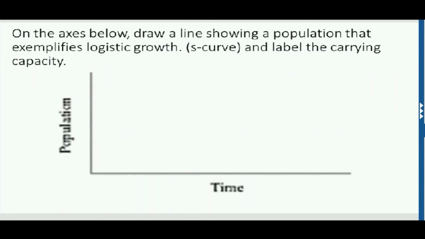Okay, that showed up. Now I'm going to draw a curve that gives you logistic growth, which is basically an S curve, and then I'm going to label the carrying capacity so you can see it. I'm going to try my best to be straight. It's going to look something like this.